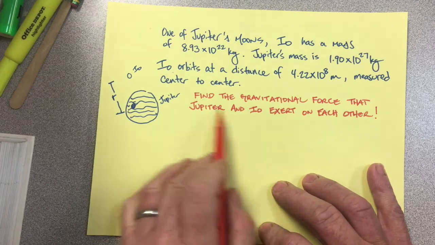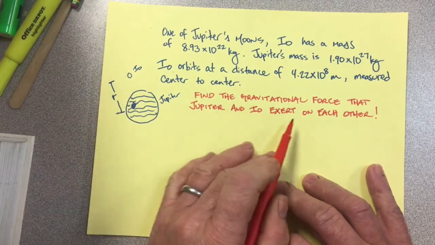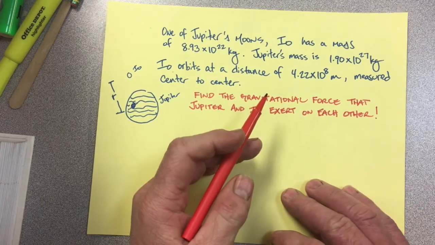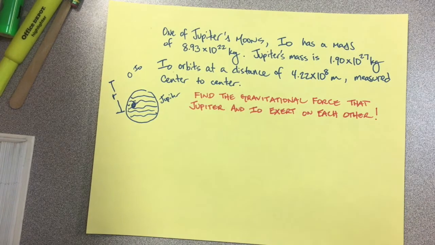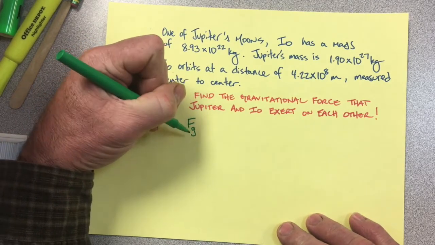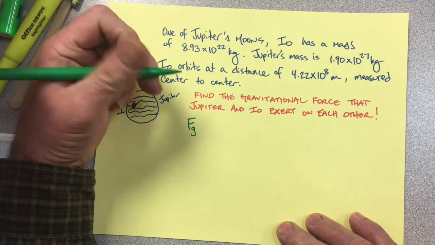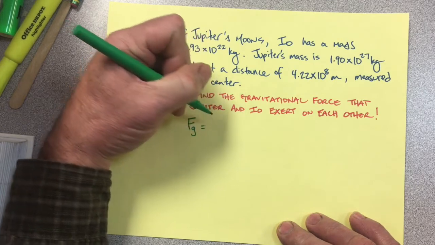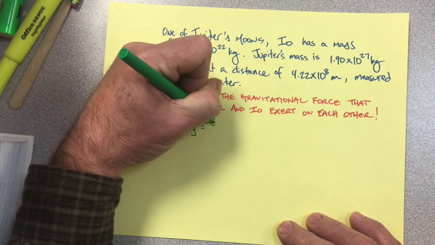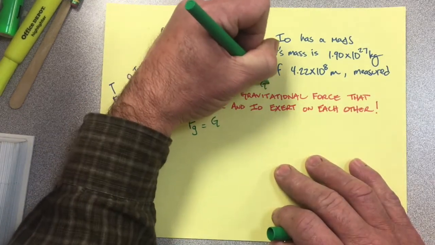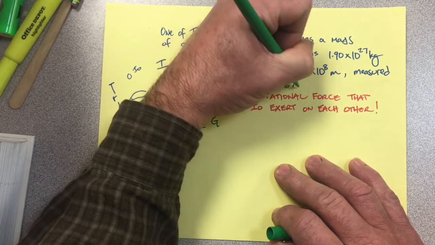Now, it's a Newton's third law action-reaction pair, so that's why I said the force that they exert on each other. At any rate, we've been talking today about Newton's law of universal gravitation, which says that all masses exert forces on other masses everywhere in the universe, and that this force is equal to a constant, G, whose value we're going to learn more about, but where it came from.